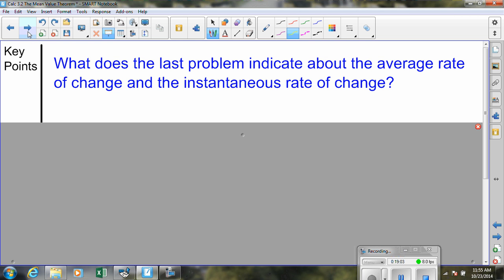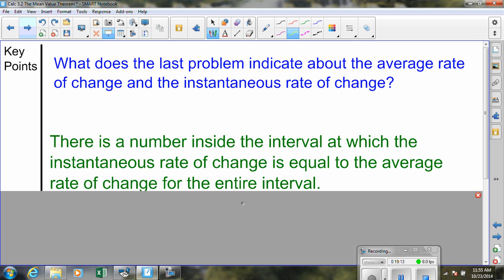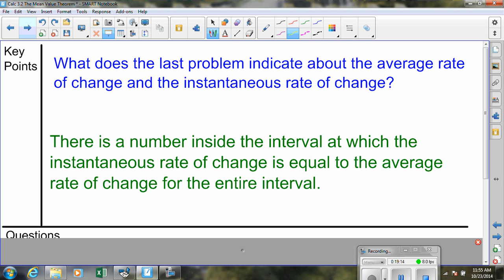What's the connection between the average rate of change and the instantaneous rate of change? Not equal to each other everywhere, but the mean value theorem tells us there's some point somewhere where the average rate of change equals the instantaneous rate of change, which would give us our parallel lines.